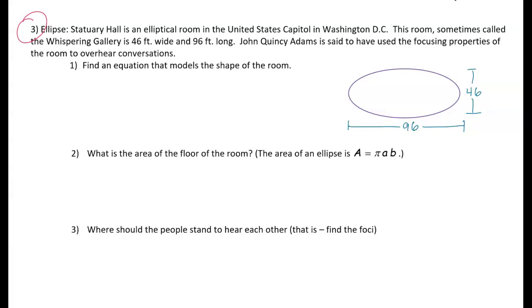The minor and major axis. Good. Now, do I just put the numbers for the minor and major axis in my equation? What goes into my equation? The semi-major and semi-minor. So here, I'm going to create a center point, and my semi-major axis length is how much? What is that?